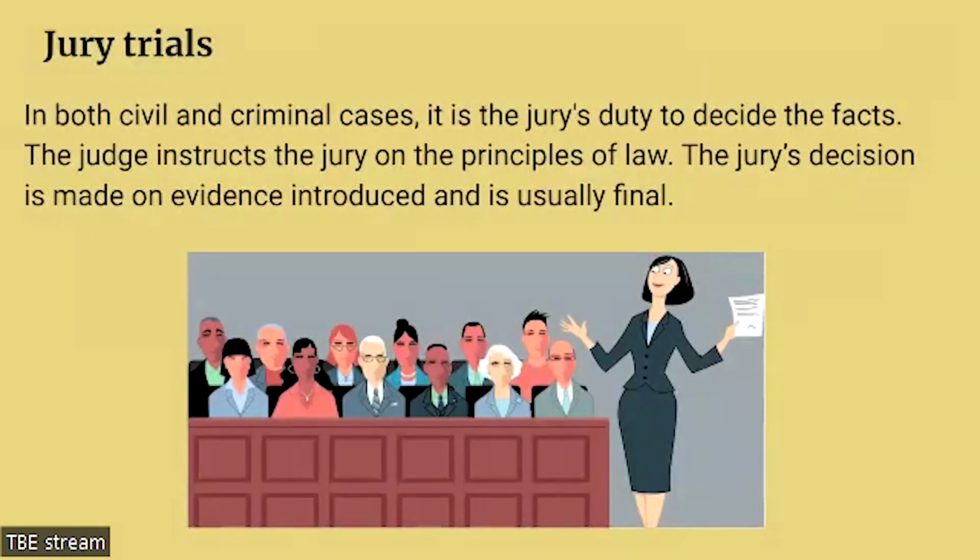Next slide. On jury trials, both civil and criminal cases, it is the jury's duty to decide the facts. The judge instructs the jury on the principles of the law. The jury's decision is made on evidence introduced and is usually final.